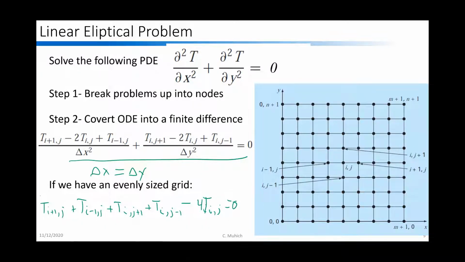Okay, so this is now my form for solving all of these points at all these nodes, right? I can write out a version of this for every single point on this graph.